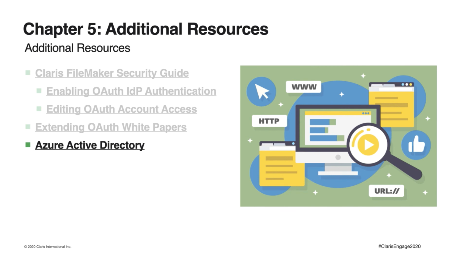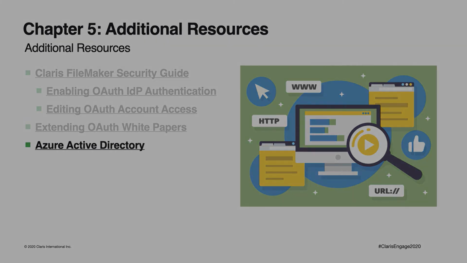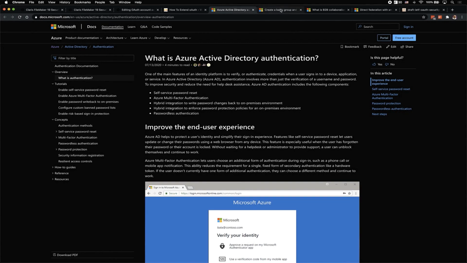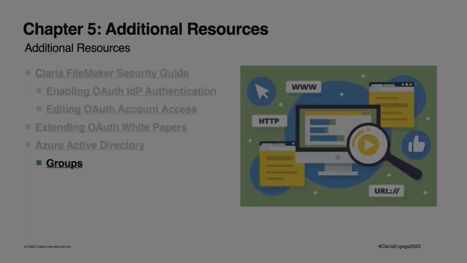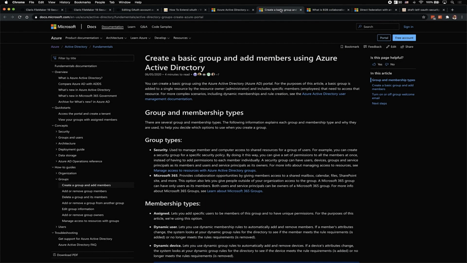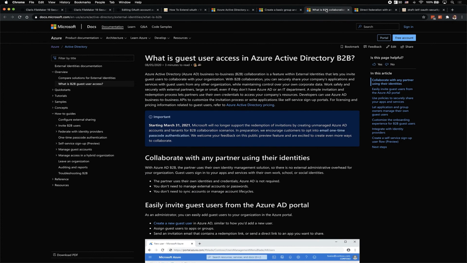Microsoft also provides extensive documentation for the things we've covered, starting with an overview of Azure AD. More specific documentation includes documentation of Azure AD Groups, B2B invitations, and direct federation.